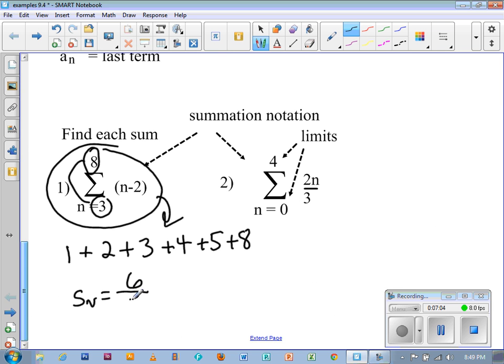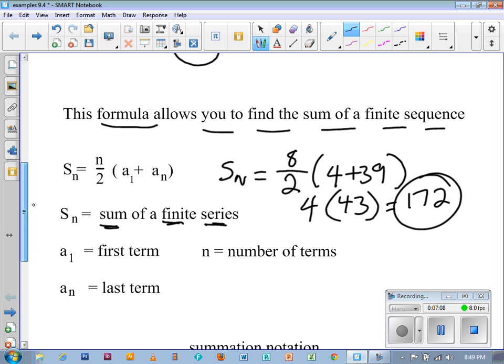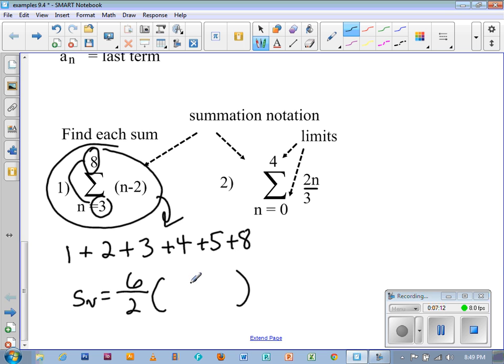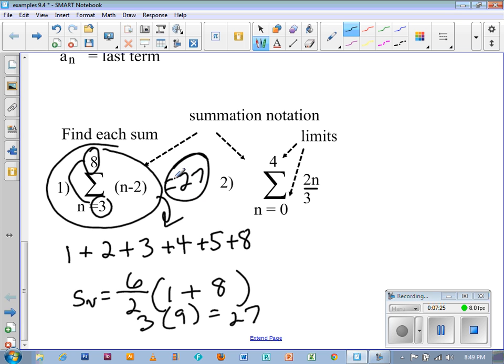So 6 divided by 2 times, in parentheses, a sub 1 plus a sub n. Our first term was 1, our last term's 8. So we end up with 3 times 9, which is 27. So this equals 27. That's our final answer. It's simply the sum of this finite series.